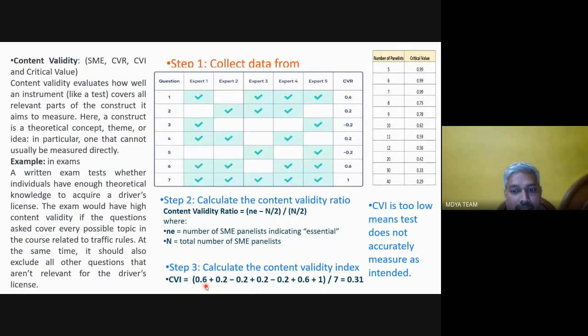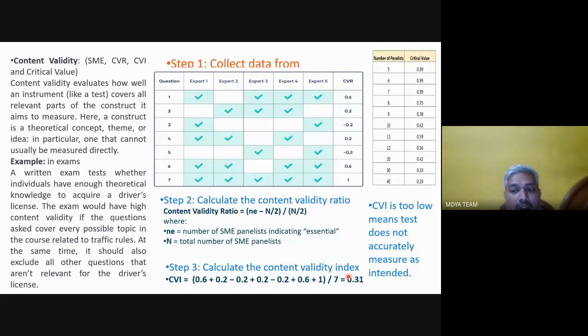They added all the CVRs and divided by the number of questions, and they got the average of the CVRs. So that average is called content validity index, right? 0.31 is what? CVI, content validity index.